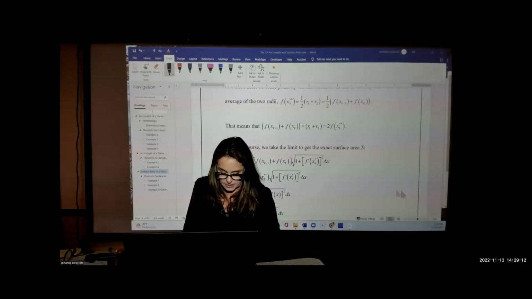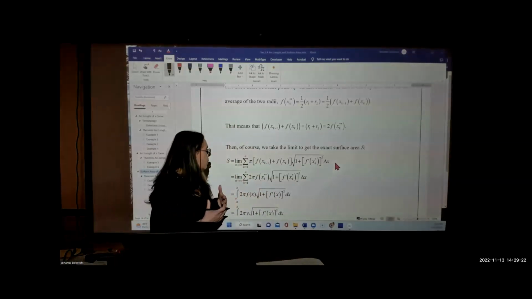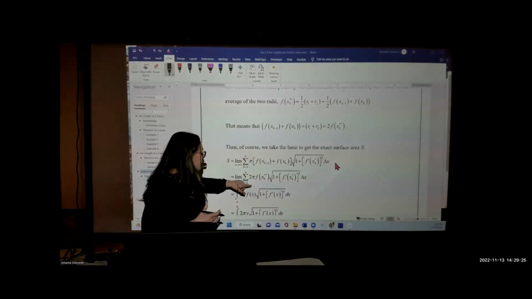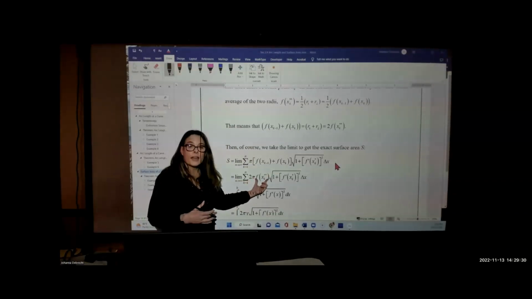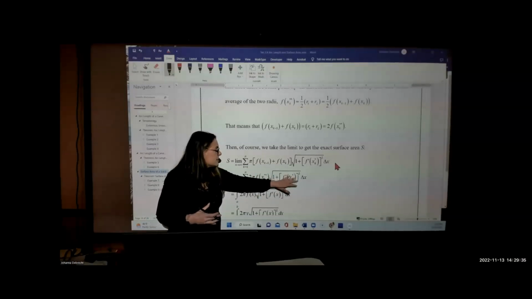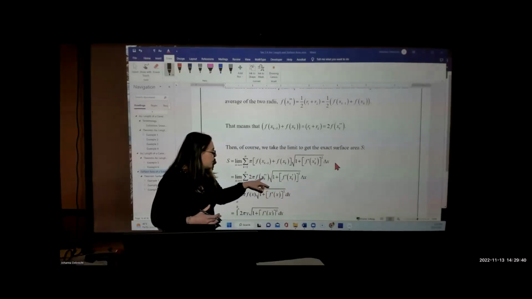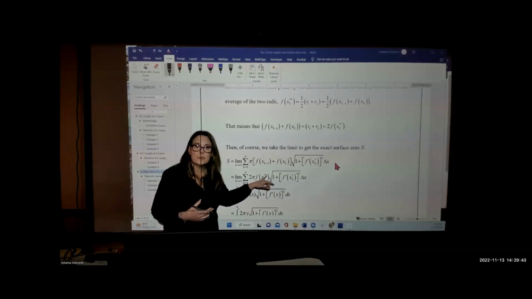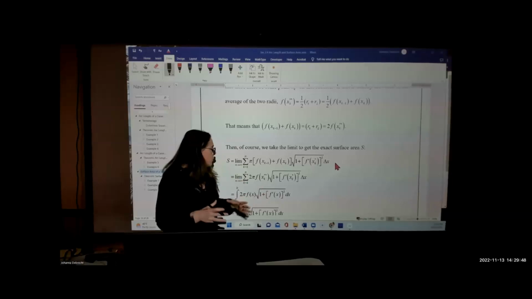So here's pi, here's the sum of our two radii, and here's the arc length formula, which is approximating that flat edge L. And then we replace the sum of the two radii with 2 times f of x sub k double star. Now we've got an x sub k double star and an x sub k star. The x sub k star, remember, came from the mean value theorem, and the x sub k double star came from the intermediate value theorem. So two possibly different points, almost certainly two different points.